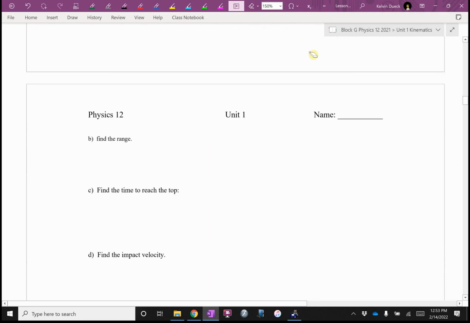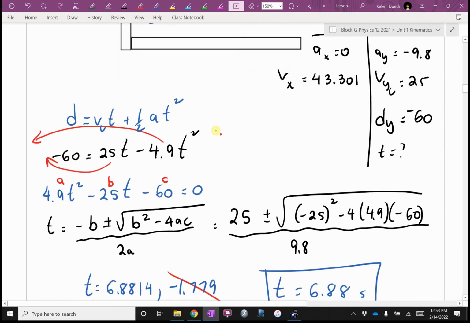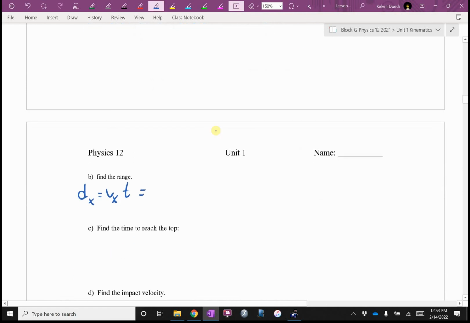You notice I didn't give you as much room because we spent most of our time finding time. To find the range, range is horizontal. Range is going to be dx, and it's just going to be vxt. What happened to the plus a half at squared? So why write it? Vx was 43.301.